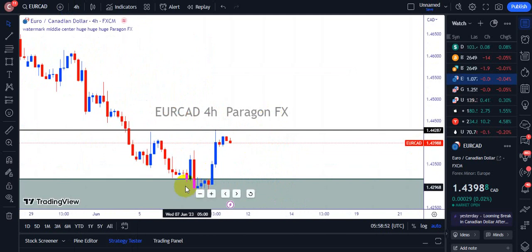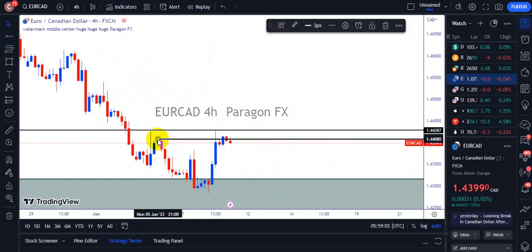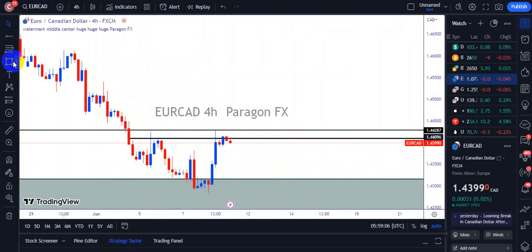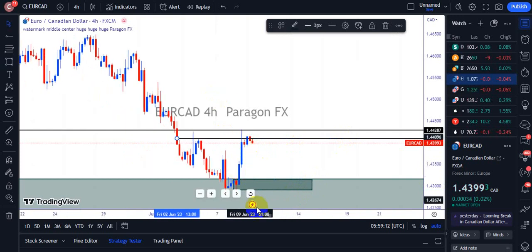Look at this. This high has been broken. Yes, market has broken this high. Look at this. Now where is the demand zone? Here is the demand zone. SL should be below this demand zone.